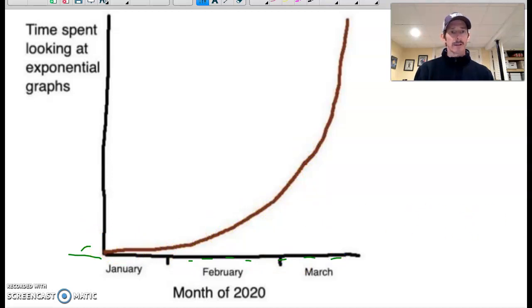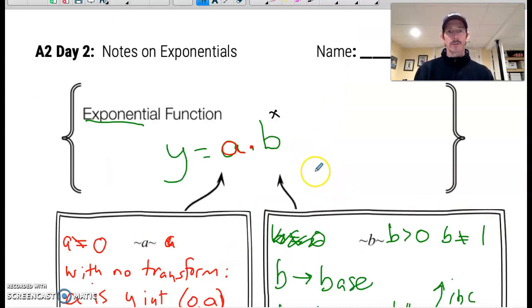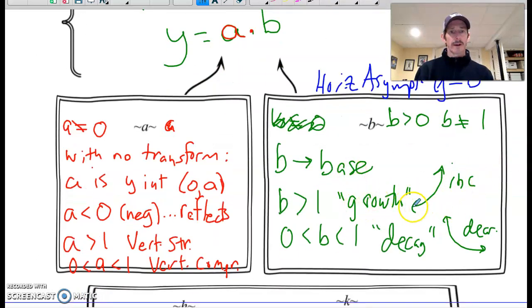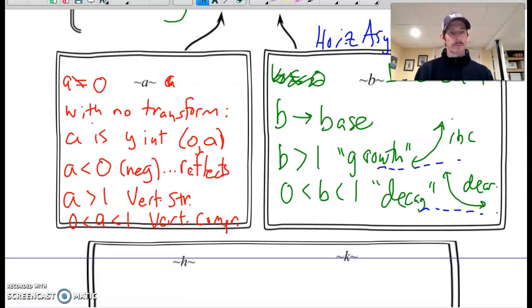So if I go back to the previous screen, I'm also going to say, in general, unless I do some sort of transformation of this guy, I have a horizontal asymptote at y equals 0. So for this growth graph, it's going to shoot up and get bigger than 0. Here it's going to come down and get closer and closer to 0. And we'll look at those again a little closer in a minute.